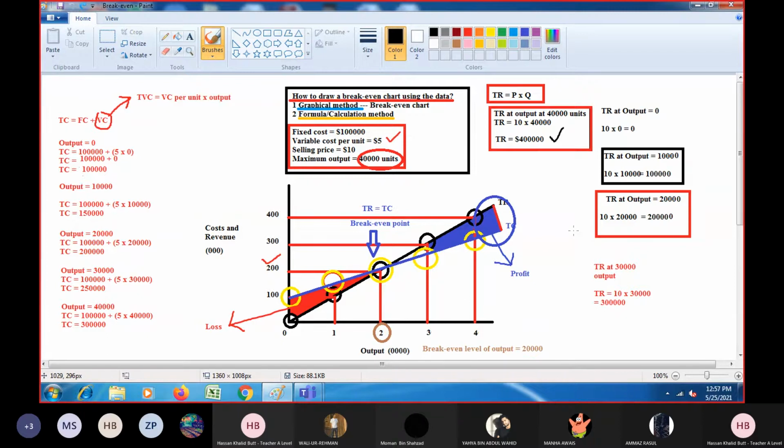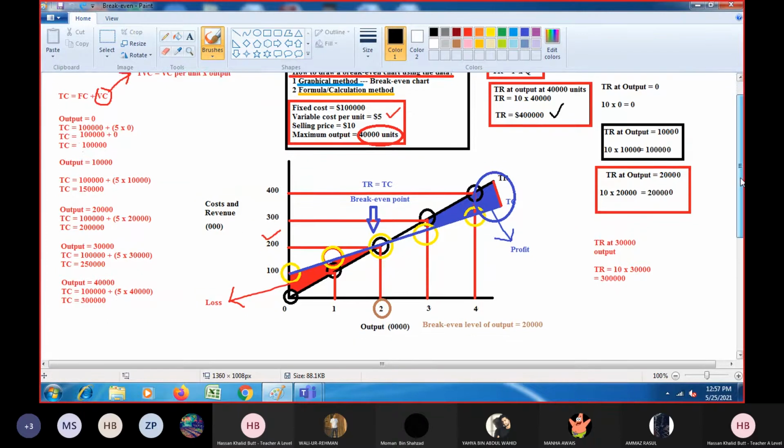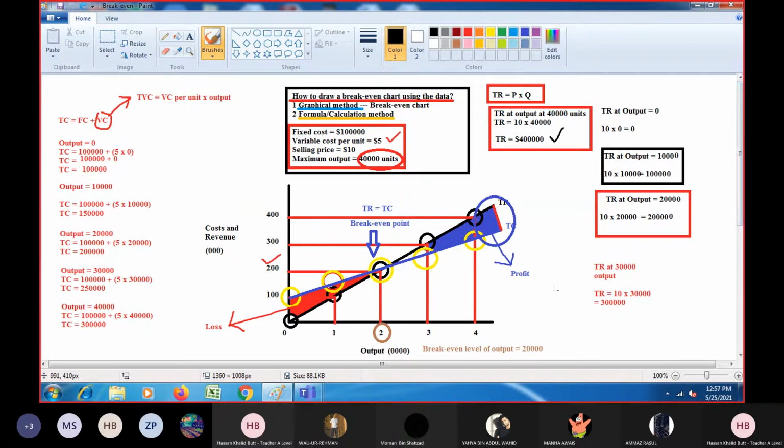All right. So in the previous class we learned, using the break-even chart, how to find out the break-even level of output and break-even point. Now, we are not done with it, because now we'll use the formula method, or calculation method. This is very important.